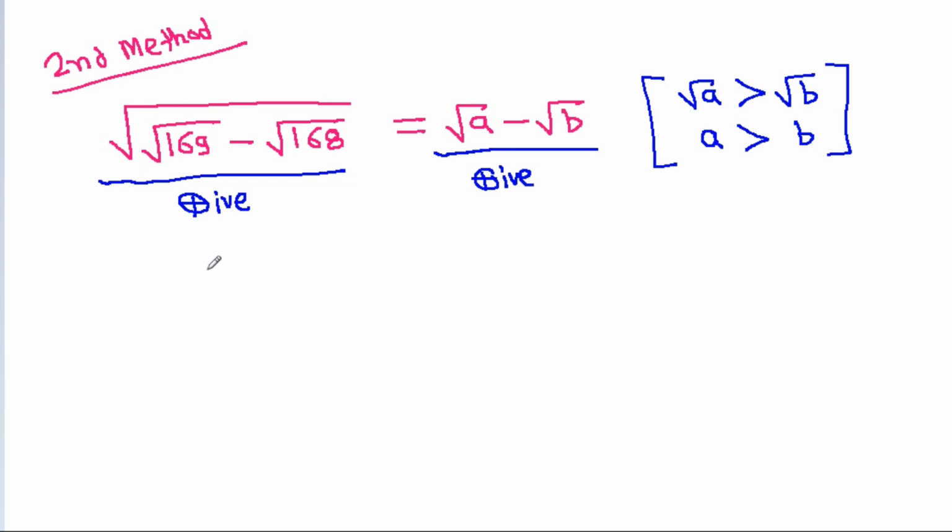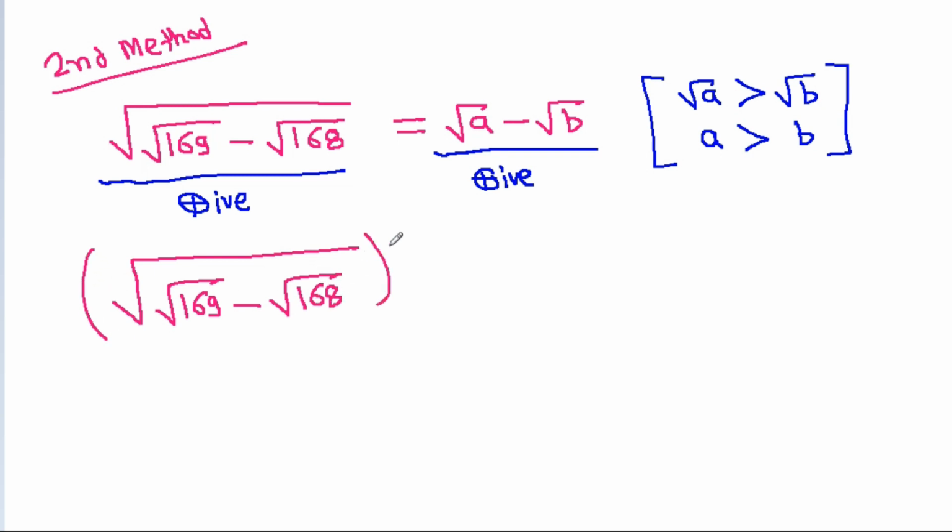And if we square both sides, then the square root of (root 169 minus root 168), whole square, will be equal to (root a minus root b) whole square, and the square and square root get cancelled.